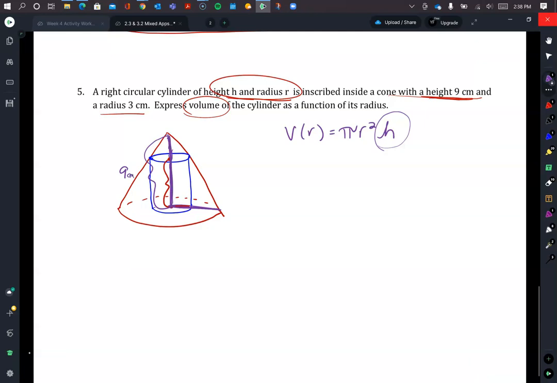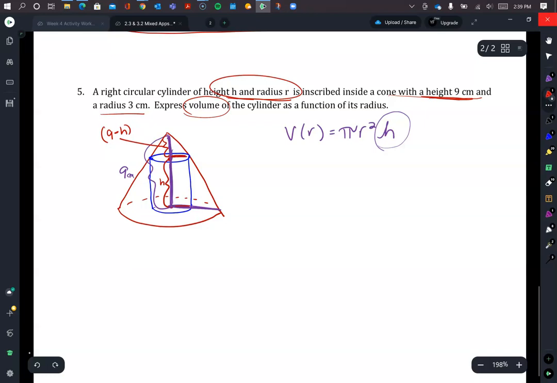So I know this is my h, the height of my cylinder. That's what I want to get in terms of r. This little piece here would be 9 minus h. I might need that. Kind of how we've done before, just setting up our pieces and labeling things. Sometimes that helps us think about it.